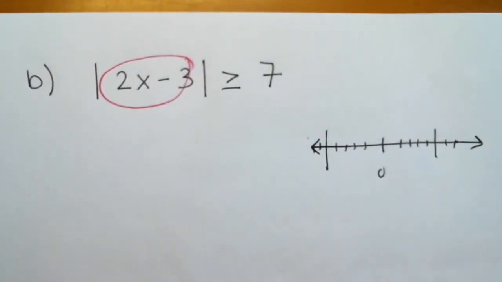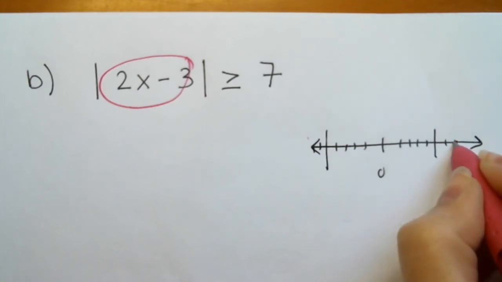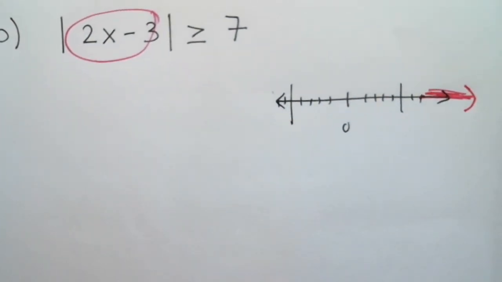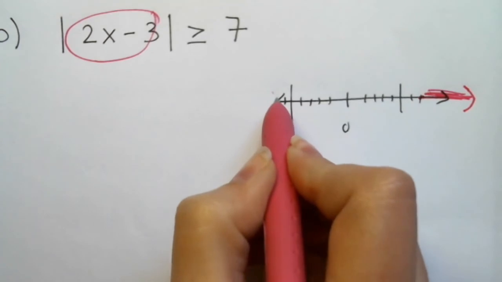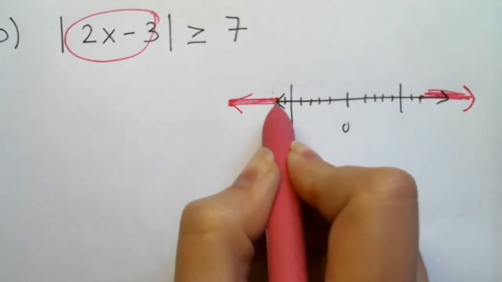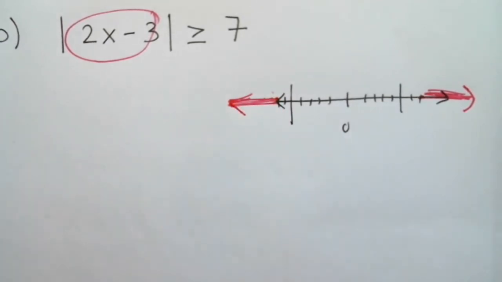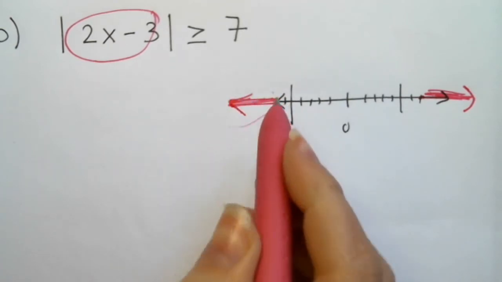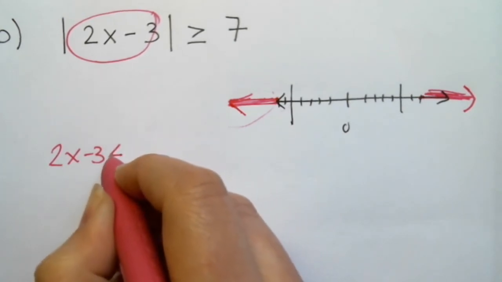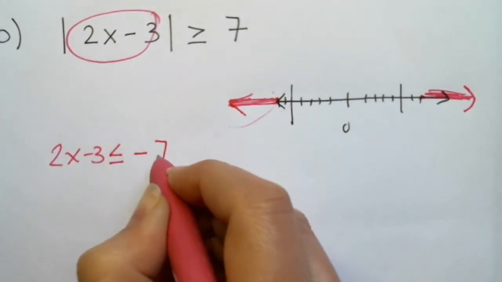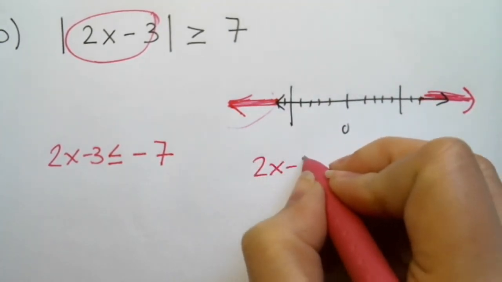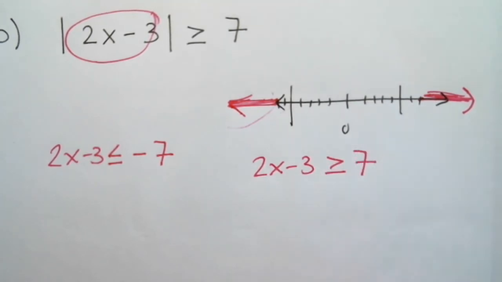So if it's further away than 7, we're going to go out to 7 and go further away from 0, so out this way. Then we're going to do the same thing in the opposite direction. We'll go out 7 units away from 0 and then point further away. Now we can see that this is going to be these numbers over here. So this number is less than or equal to -7. Or we're talking about these numbers over here. So this number is greater than or equal to 7.